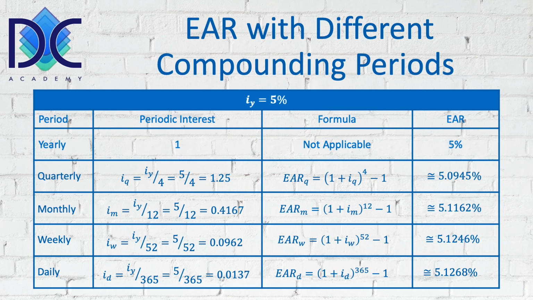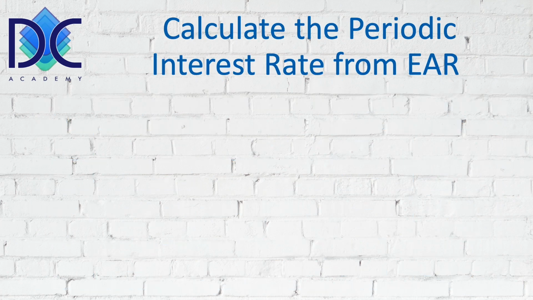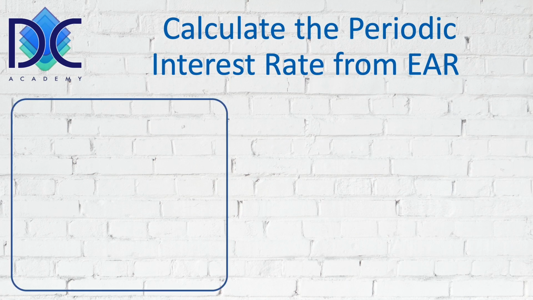And when we look at the formulas, when we look at the different steps, we want to know what the periodic interest rate is when we start from the effective annual rate, so it's the inverse calculation. Now we say we want to have a yearly interest rate of a certain value.